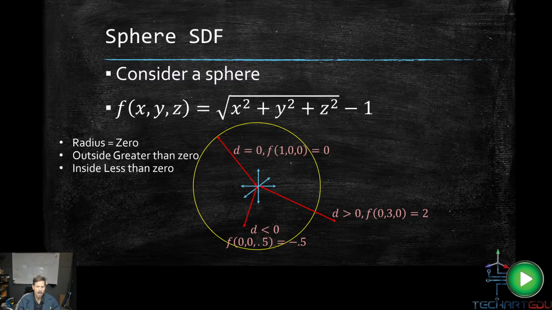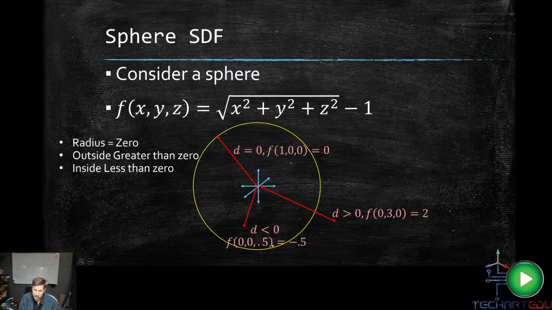If we're dealing with 3 potential places, then we're dealing with outside of the sphere. Here, in this case, the signed distance function would return a value greater than 0. Here, this is the point (0, 3, 0). And that would return a distance of 2, which would be positive.